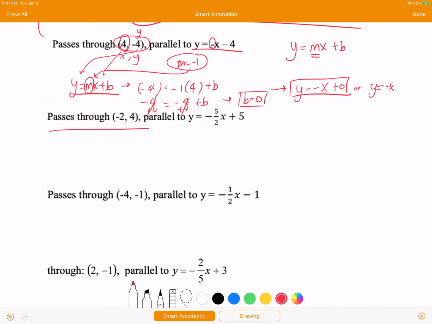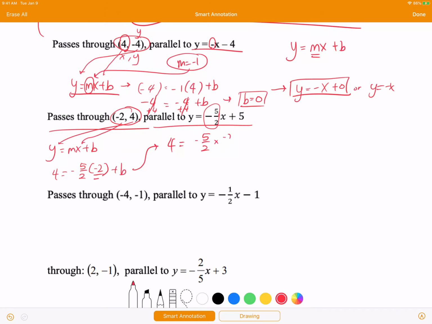Okay, my next question passes through negative 2 comma 4 and parallel to that equation. All right, so then what am I supposed to do with the slope here with this point? Once again, plug it into the equation y equals mx plus b, and then solve for the y-intercept. So y value is 4, x value is negative 2, so 4 is equal to negative 5 over 2 times negative 2 plus b. And now here, remember what I told you yesterday, that fraction times a number like this, you can think of it as multiplying it by over 1.